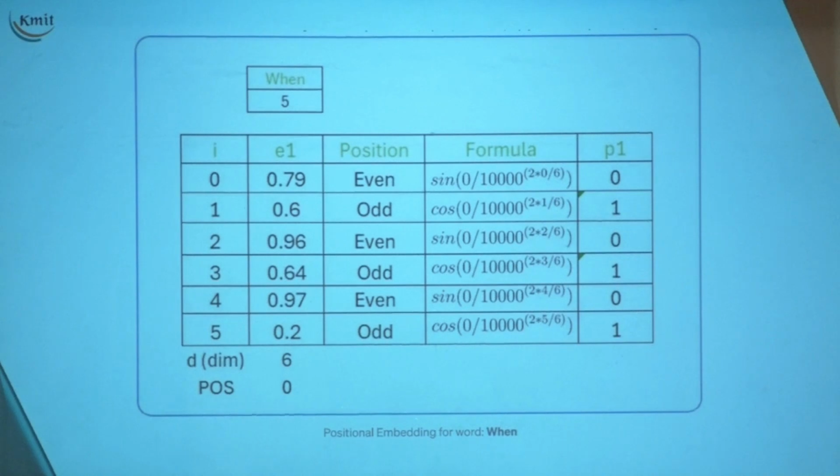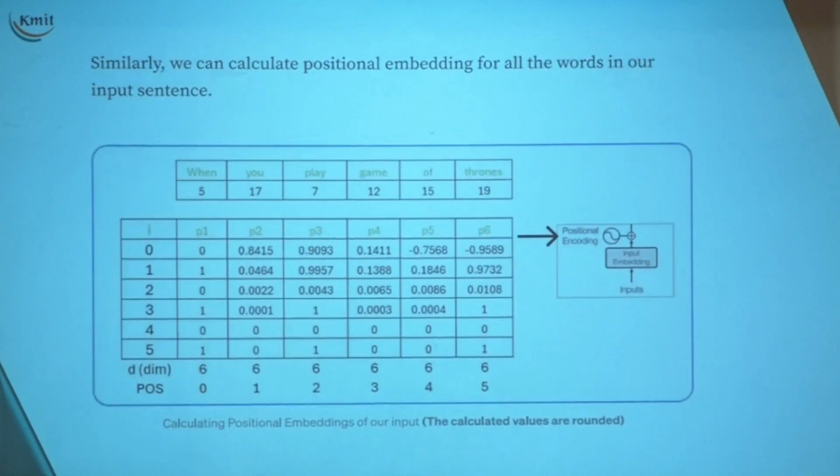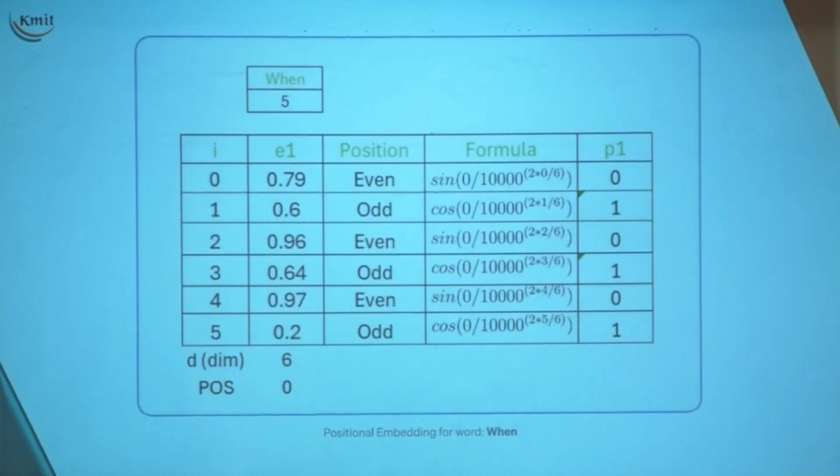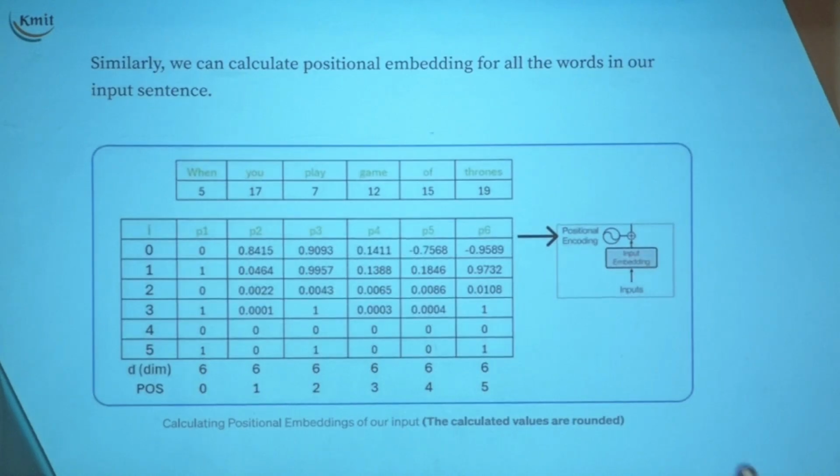That is the positions. Is that clear, everybody? Yes or no? Similarly, what is this table now? P1, P2, P3, P4, P5, P6 of all the words. How would I generate P1 to P6? Like this.